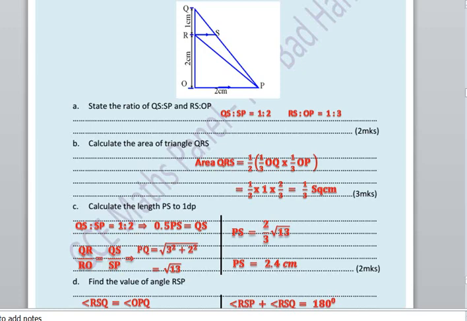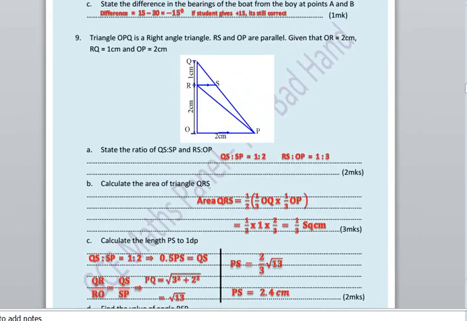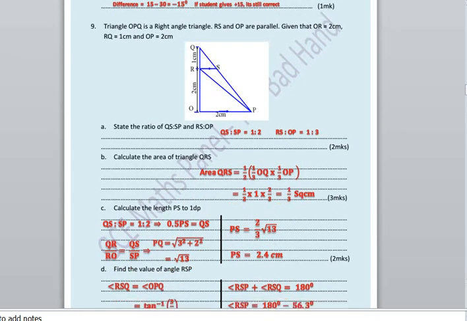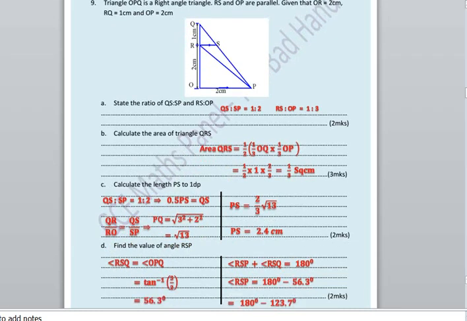So here I'll actually first of all need to calculate the angle RSQ, that is the angle at S. So the angle RSQ will be equal to tan inverse of opposite, which is 3, over the adjacent, which is 2. That is tan inverse of 3 on 2.